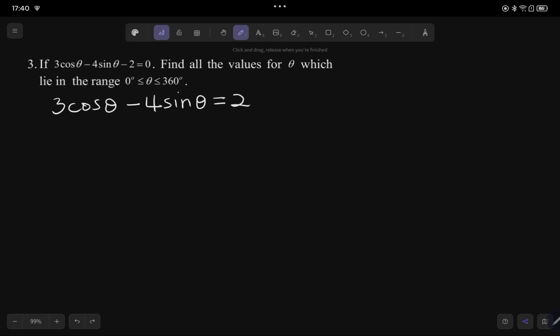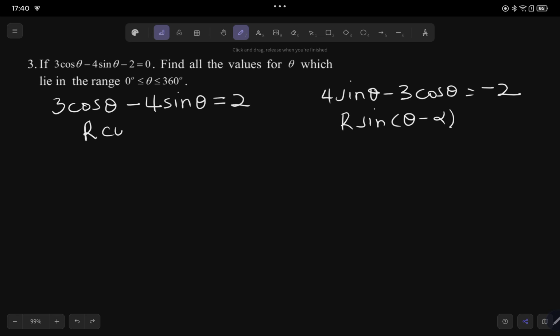If you want to make it sine, you will take these ones to the other side, and you have 4 sin theta minus 3 cos theta is equal to -2. If you do it this way, you also get the answer. But here you are free to use R sin(theta minus alpha). Here we will use R cos(theta plus alpha).